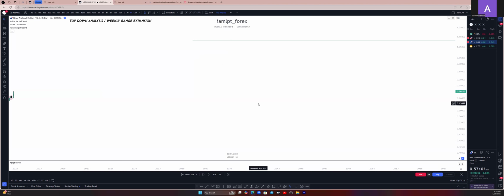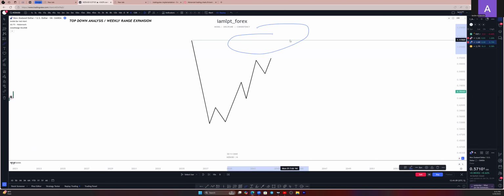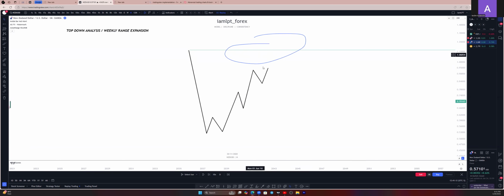And if you think about higher time frame and lower time frame, the advantage of higher time frame is that we can always expect a very large range expansion. Do you understand? So, for example, if this is a market I'm trying to trade, and we are here, and the market is approaching this level, this level is our draw on liquidity.